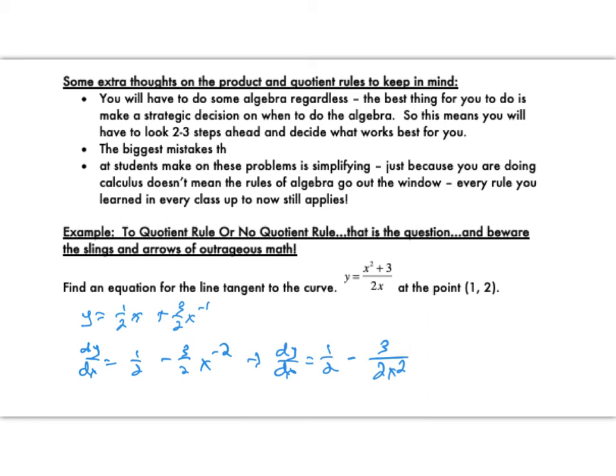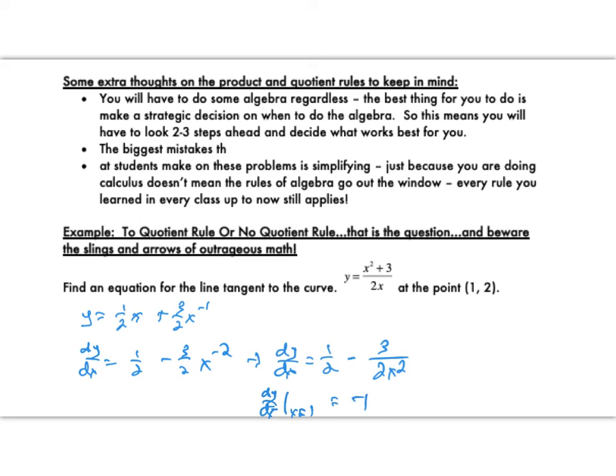And now I need to know what the slope is when x is 1. Well, if I have a 1 as my x coordinate here, and I put it in, it's going to be like 1/2 minus 3/2. So that's going to be negative 1. So dy over dx, when x is equal to 1, that's the same thing as saying negative 1.